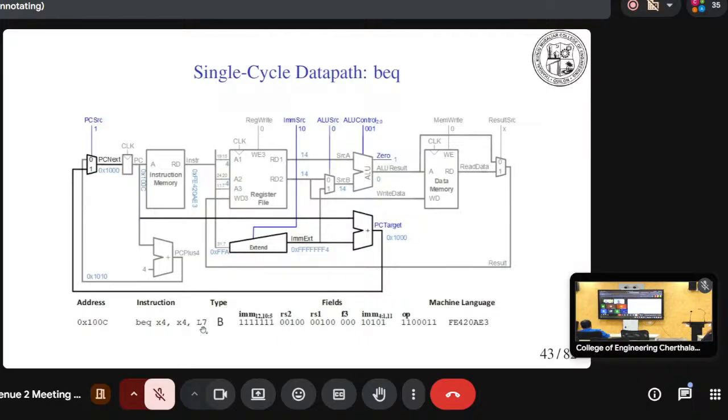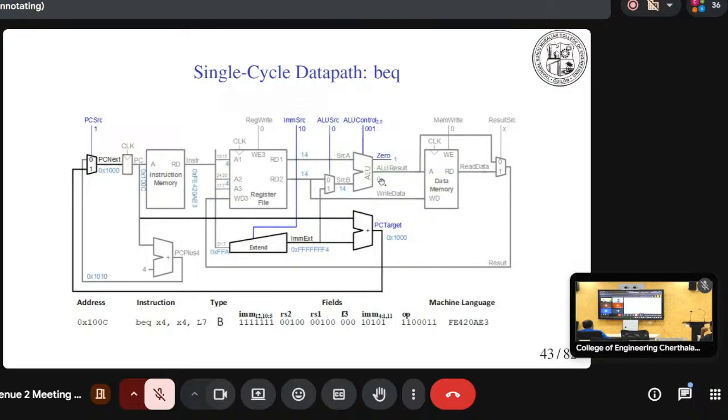To understand this branch operation, we have the immediate source here 1 0, because the immediate data corresponds to this particular label L7. The ALU source is 0 and the ALU control line is 001.